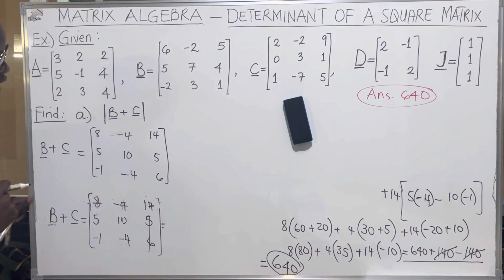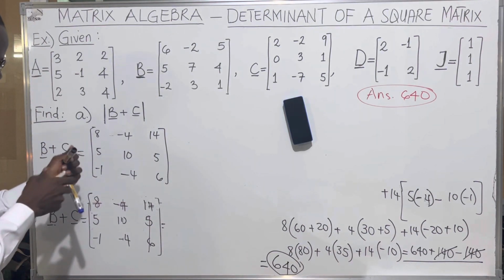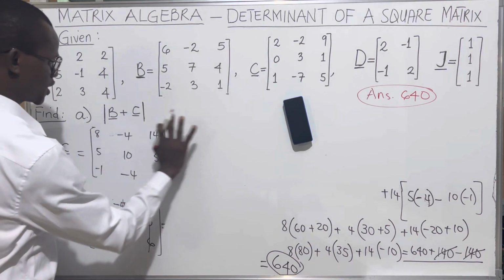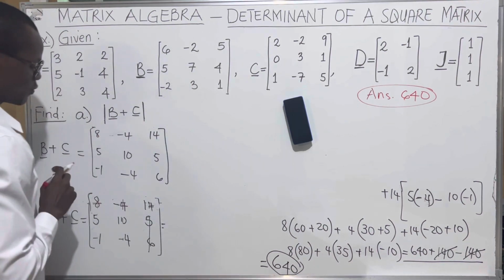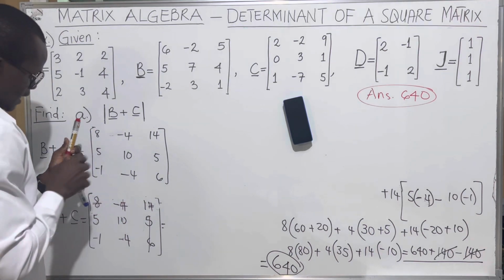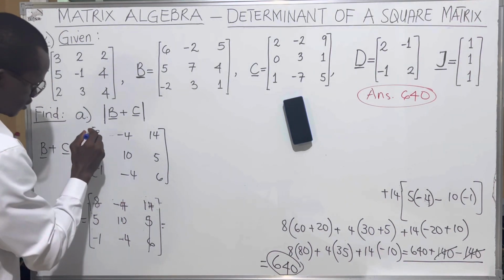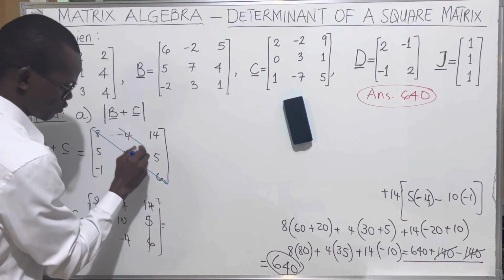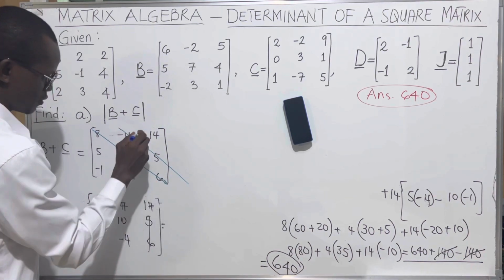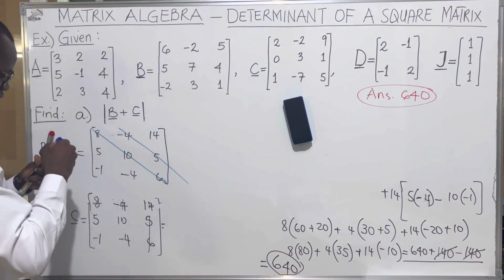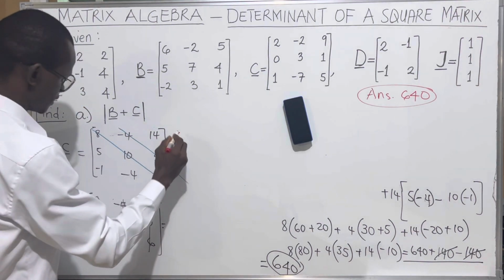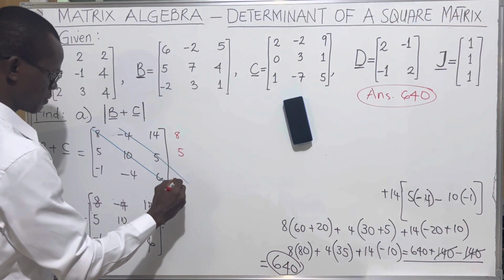So what we can do now is the first two columns, this column and this column, we can insert them outside so that we complete a kind of multiplication. We can multiply all of these. So we take the first column, 8, 5, minus 1.